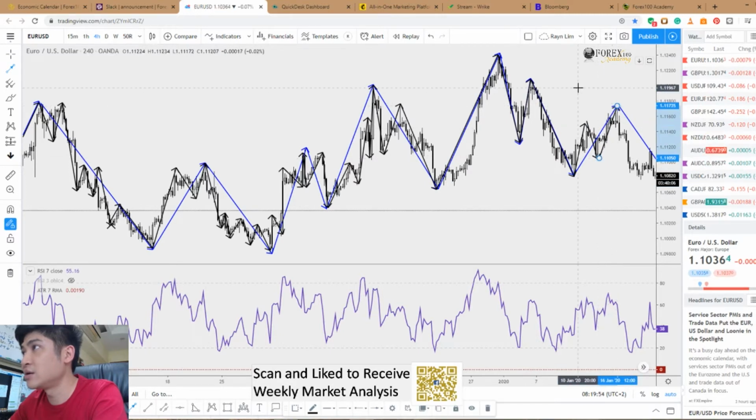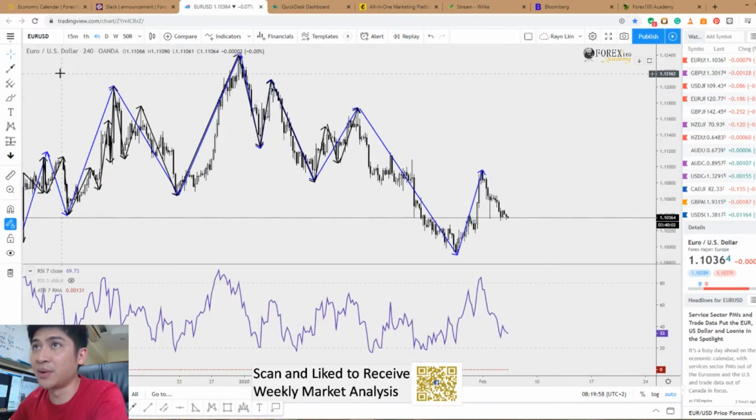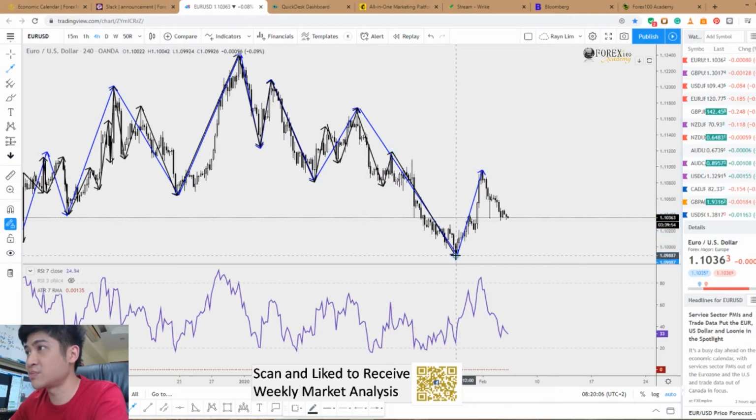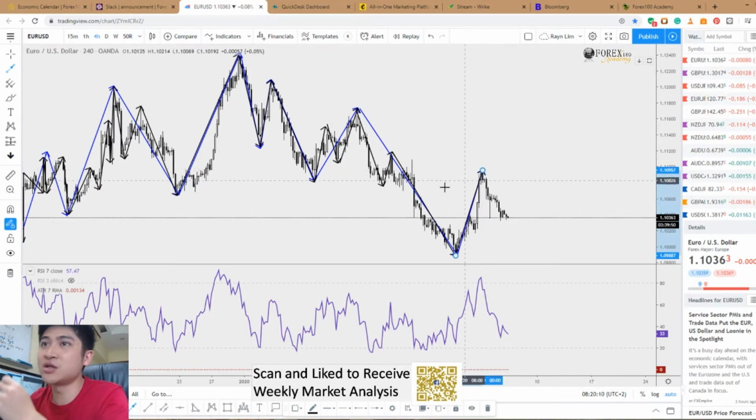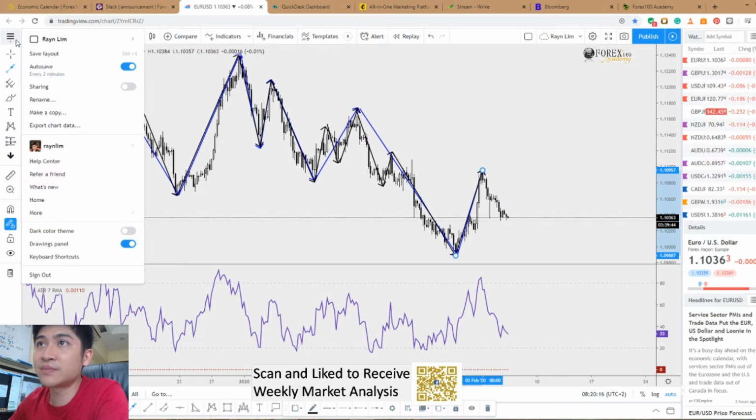The sad part about TradingView is I cannot hide one without hiding the other, in a way, maybe. Later we can just explore. Yesterday people told me about the object tree and stuff like that. Let's see if it's here.